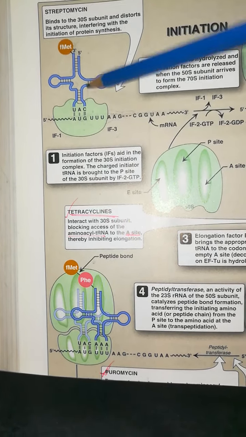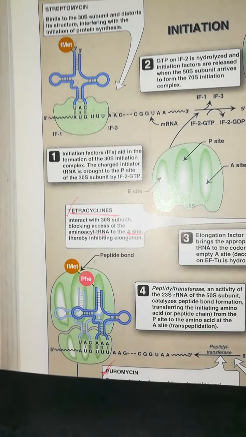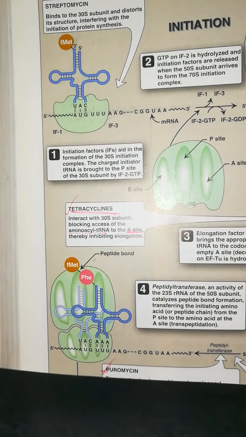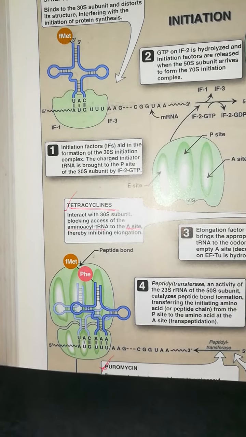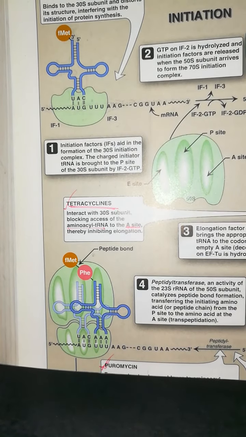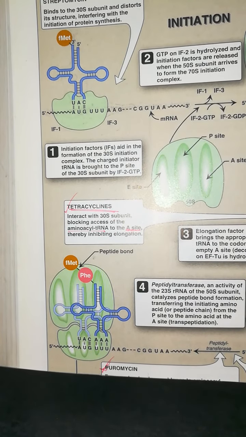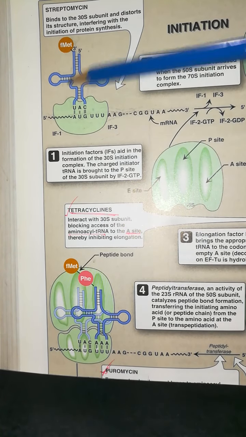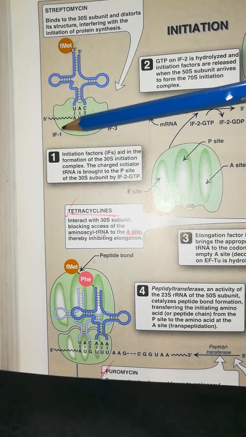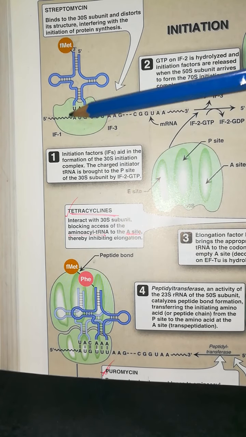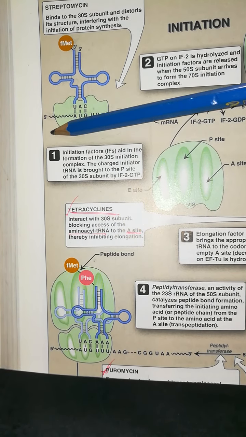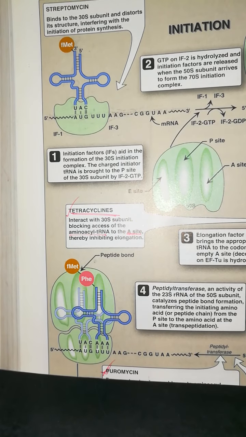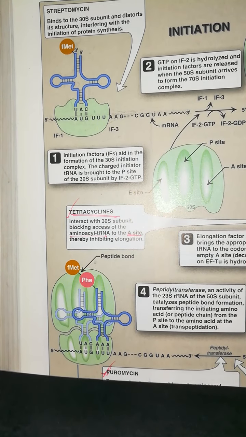I discussed step by step how the small ribosomal subunit starts the translation process and how the pre-initiation complex is formed. The pre-initiation complex is actually formed by tRNA, small ribosomal subunit and GTP. Here GTP is consumed. GTP and initiating factor ultimately form this pre-initiation complex.